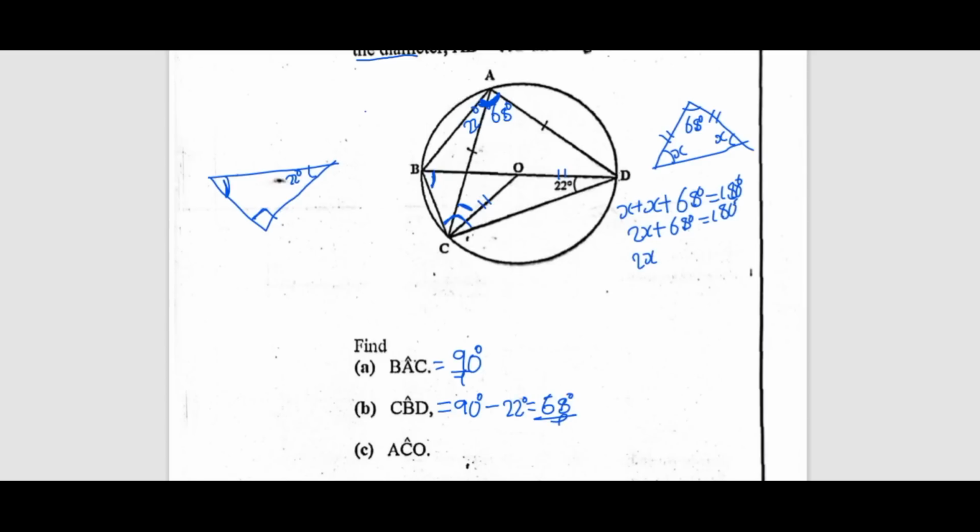If we collect the like terms, this will be 180 minus 68, which is 112. Then we divide by 2.